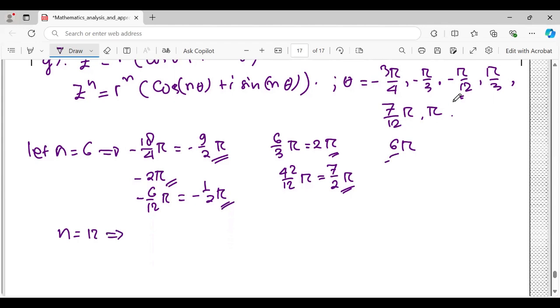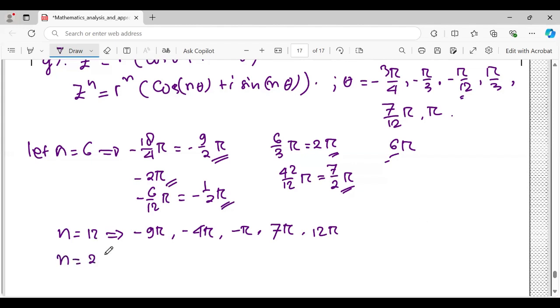If 12 times this number, I have calculated, it's going to be minus 9 pi, minus 4 pi, and then minus pi, and it's 7 pi, and 12 pi. Not all multiples of 2 pi.